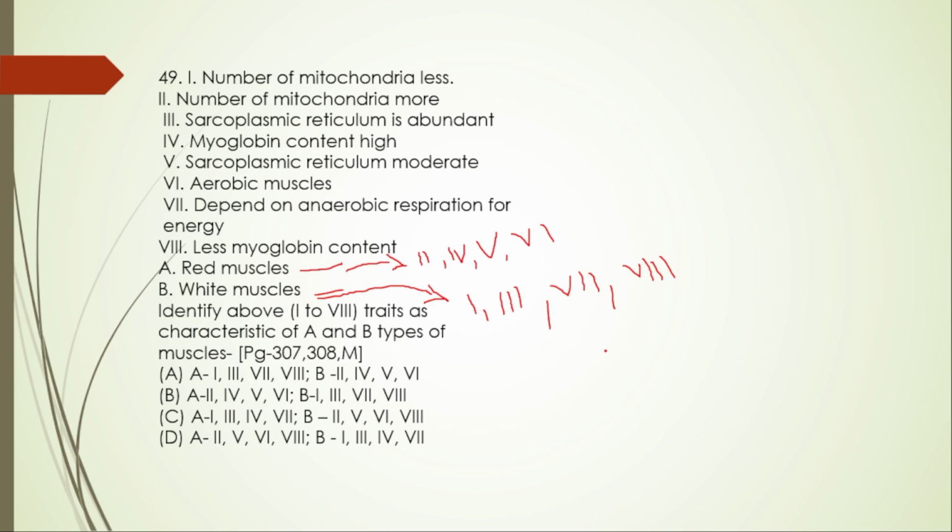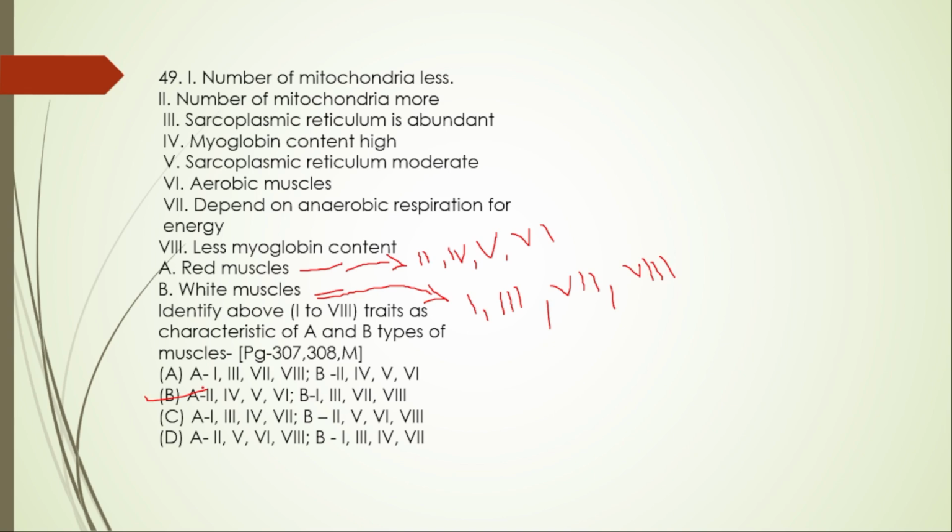So here A is 2, 4, 5 and then 6, and B is 1, 3, 7 and 8.